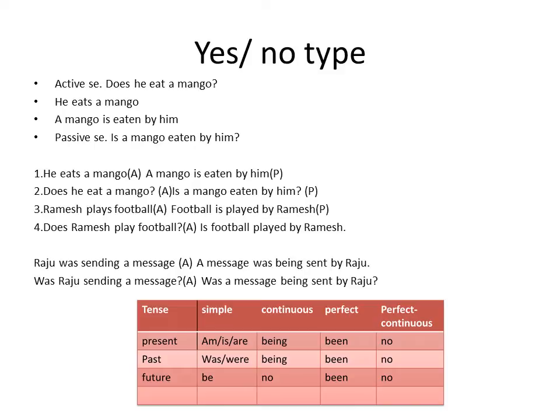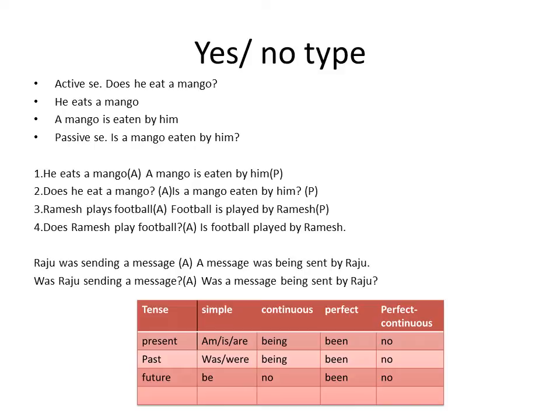Then again we have to make a yes/no type question of that assertive sentence. It is a quite lengthy process, but after practicing more and more we will get habitual. We can then transfer directly from active to passive.